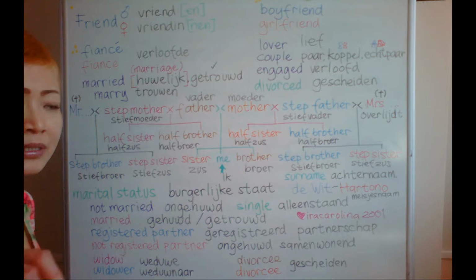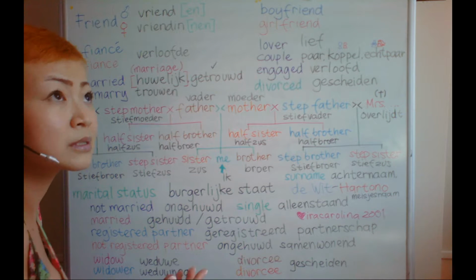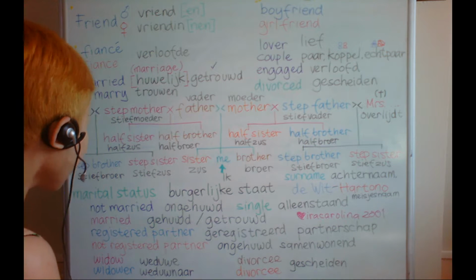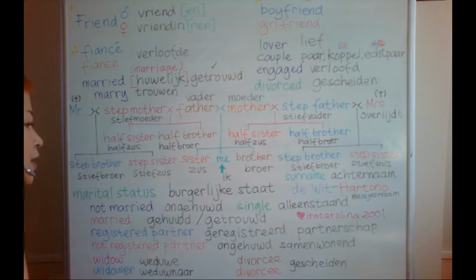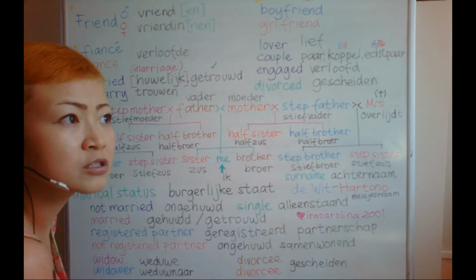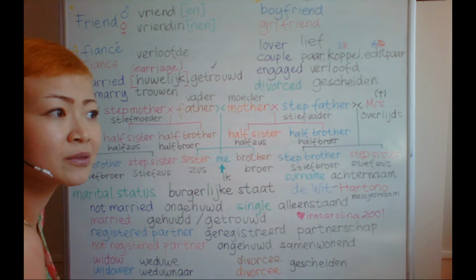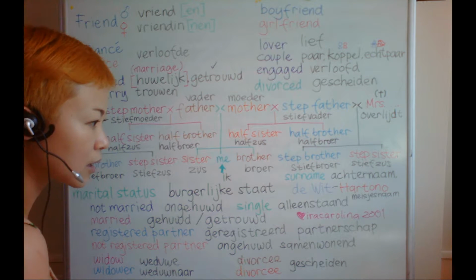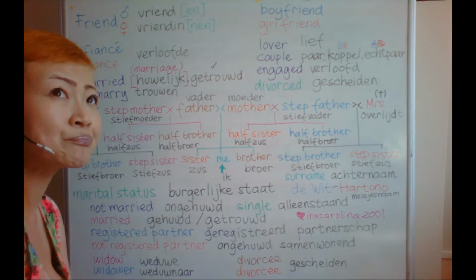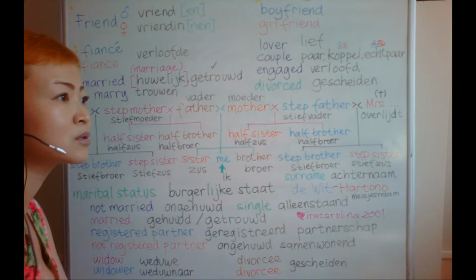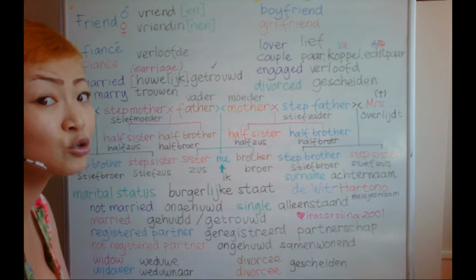In the Netherlands, the Dutch system, they have marriage and they also have registered partner. It means you're with someone, you're not married, but both of your names become registered in the gemeente, in the government.